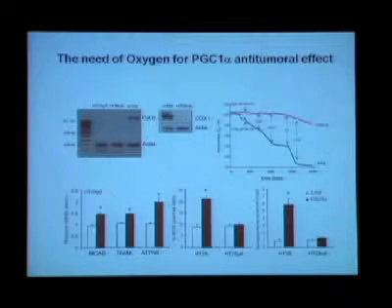The second thing is that we went back to the literature, and there is a nice study by Scarpulla and Spiegelman himself, which shows that PGC1 alpha is actually able to protect from ROS formation in high energy demand tissue, such as, for example, muscle.